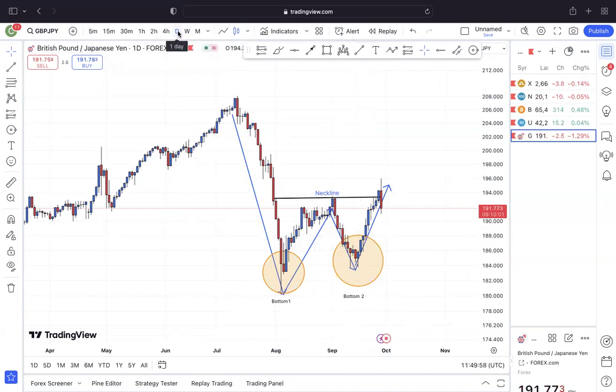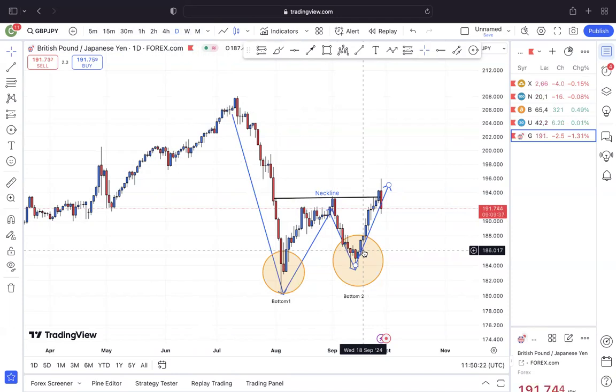So ideally, you can see this W pattern or this double bottom pattern on any time frame. You can see it on the monthly, the weekly, the daily, the 4 hour, the 30 minutes, or the 15 minutes. But if you see this pattern on a higher time frame, it's more powerful.